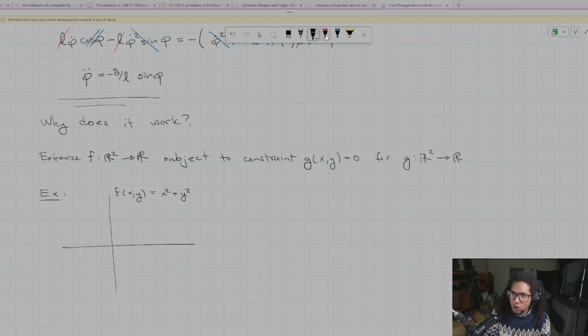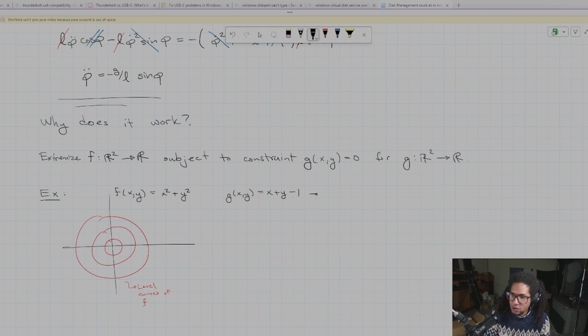Now, what do the level curves of this function look like? They look like this. So this is level curves of f. I'm going to let g of x, y be equal to x plus y minus 1. Okay, so g of x, y equals 0 means that we're looking along the line.